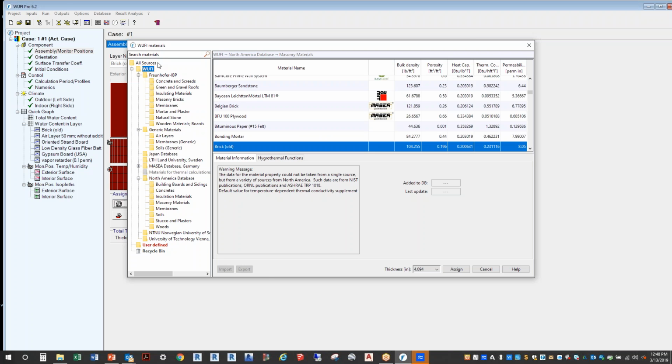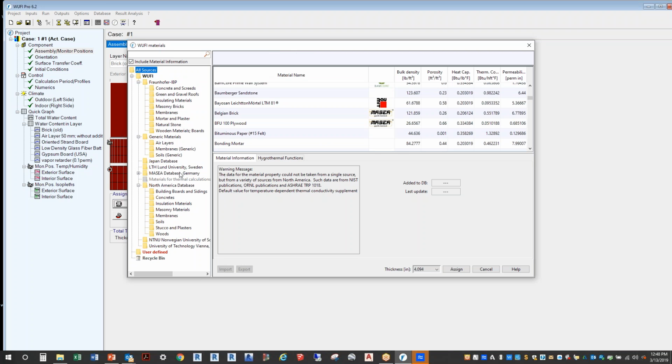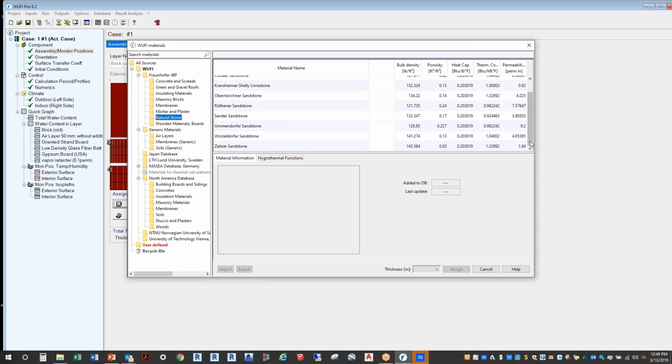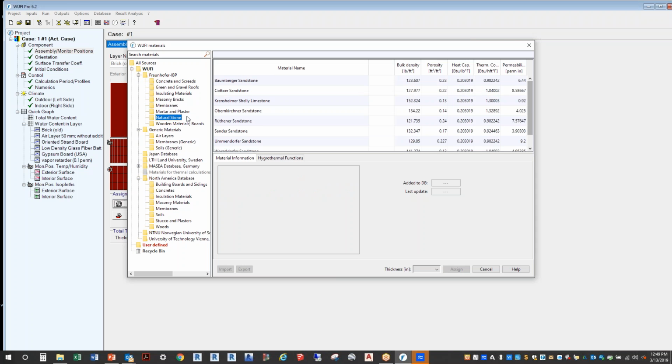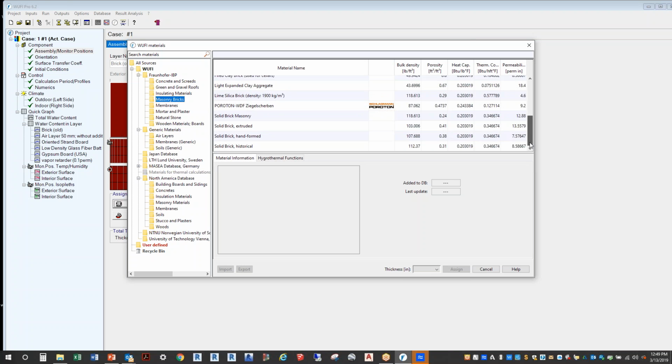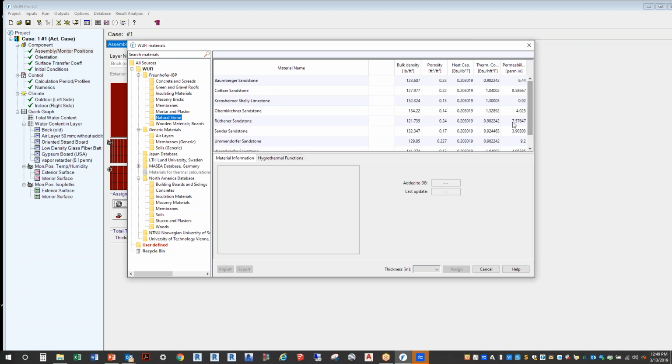Slate doesn't show up. Under natural stone, natural stone. Maybe those Germans don't use slate. Would it just be clay, right? No? Oh, well, it's got to have it in here somewhere.